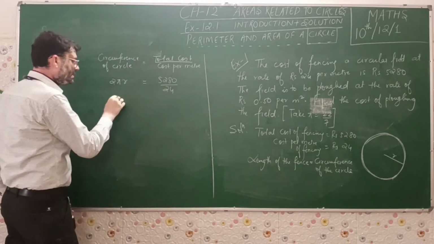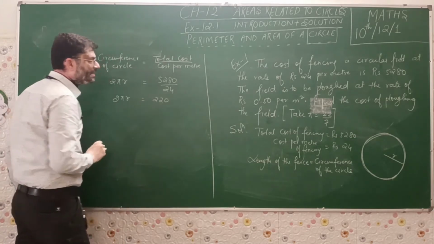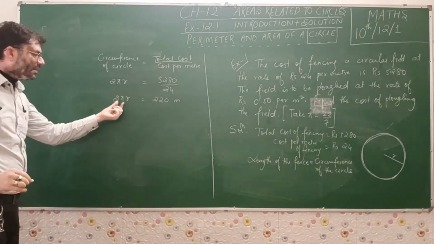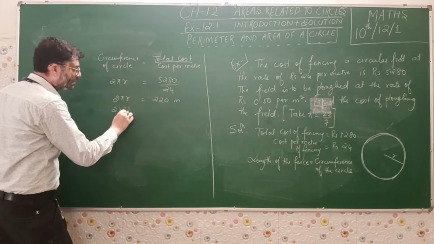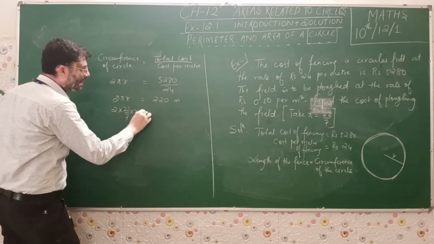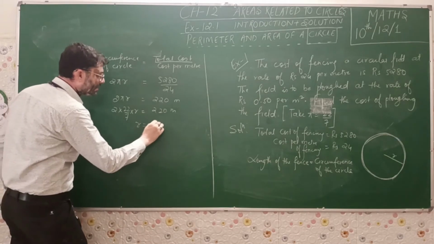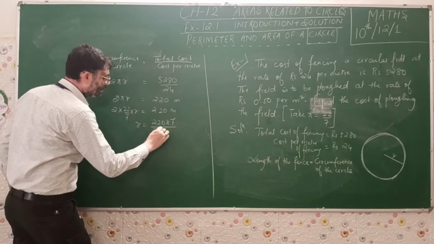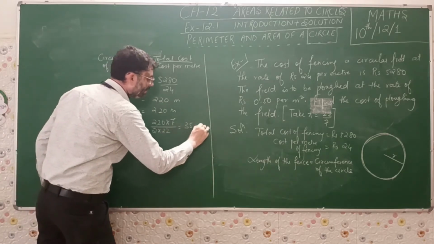If you divide it, you get 220 meters. Substituting the value of pi, 2 into 22 by 7 into r is 220 meter. So r will be equal to 220 into 7 by 2 into 22, and that is equal to 35 meters.